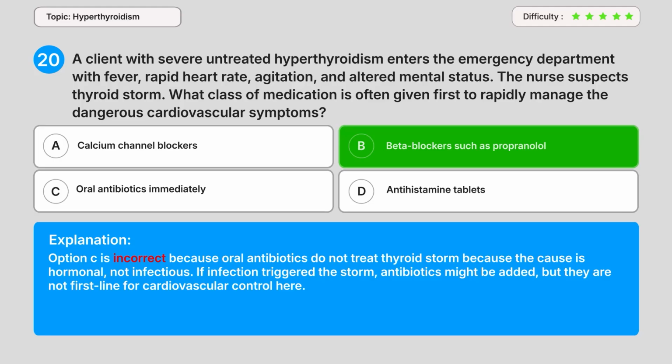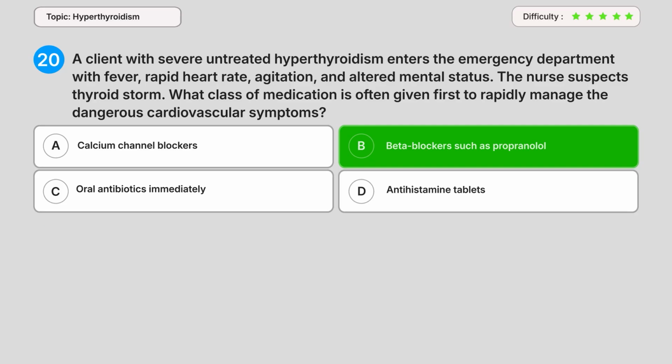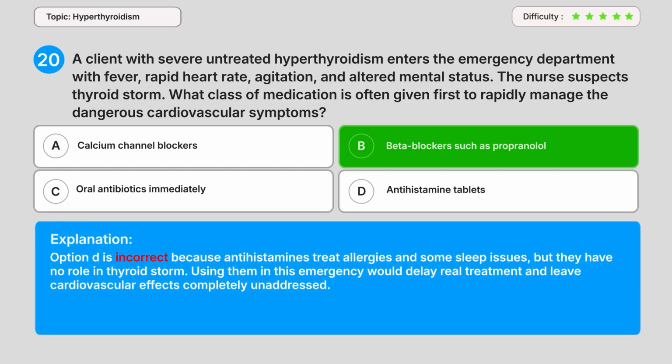If infection triggered the storm, antibiotics might be added, but they are not first line for cardiovascular control here. Option D is incorrect because antihistamines treat allergies and some sleep issues, but they have no role in thyroid storm. Using them in this emergency would delay real treatment and leave cardiovascular effects completely unaddressed.